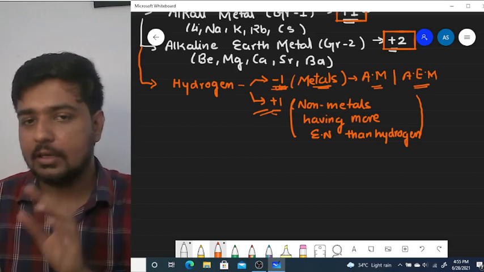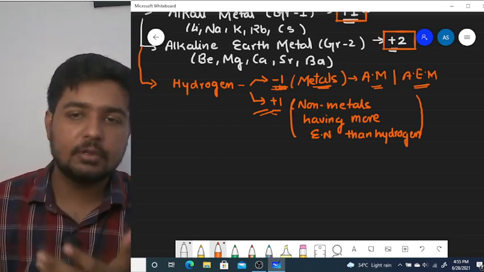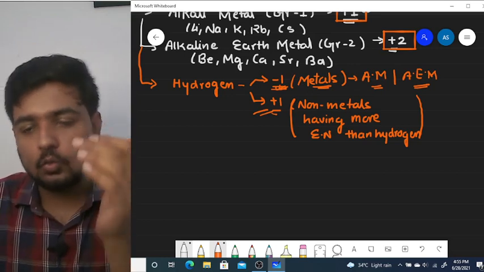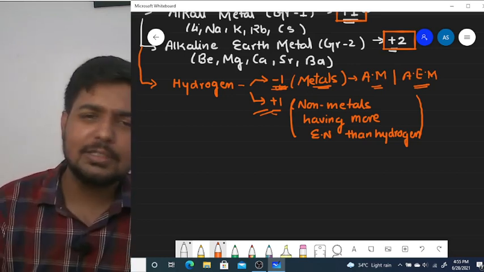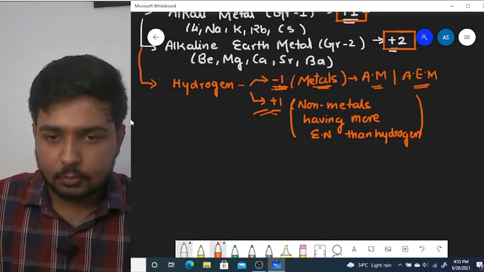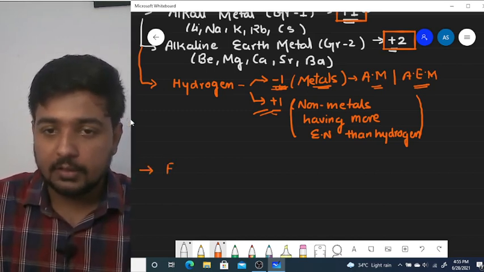Otherwise, either it will be +1 or it will be -1. You can consider this point to be second rule, third rule, fourth rule in this manner also. Is it clear?